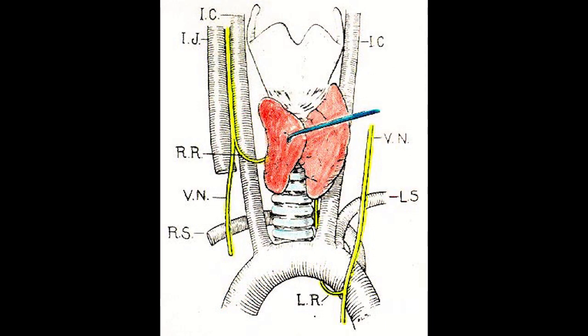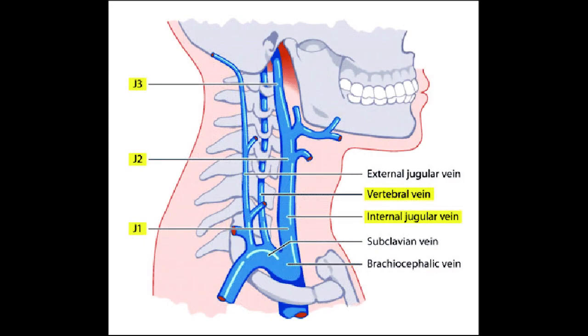Then the right recurrent laryngeal nerve is a branch of the vagus and hooks around the artery, exactly the first part of the artery. The left one, as we all know, hooks around the ligamentum arteriosum. Then the vertebral vein. It emerges from the foramen in the transverse process of the C6 vertebra and runs forward in front of the vertebral and subclavian arteries to drain into the brachiocephalic vein.